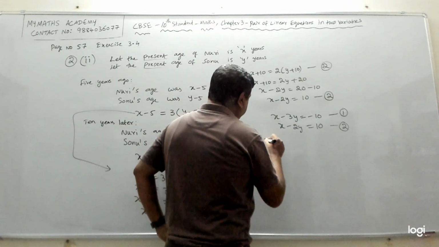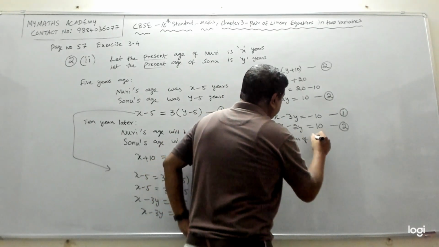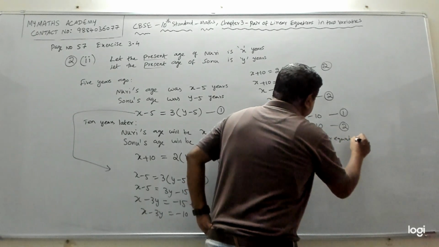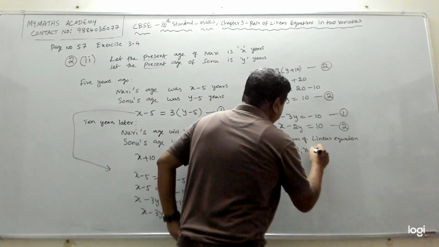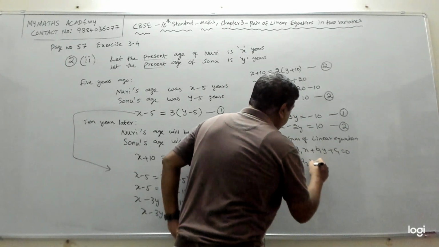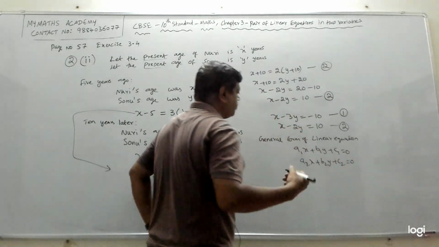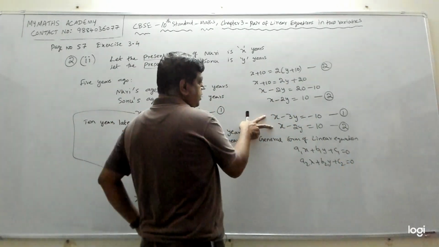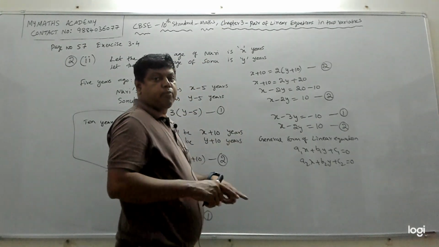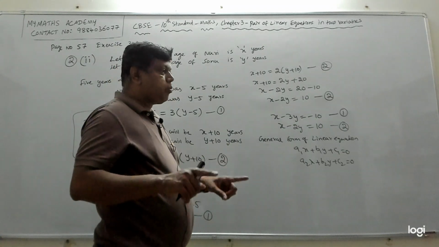The general form of a linear equation is a1x plus b1y plus c1 equal to 0, and a2x plus b2y plus c2 equal to 0. We should convert these into this form to check the ratios in table 3.4, page number 46.